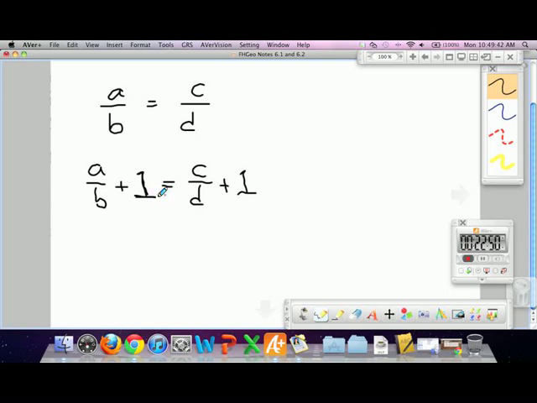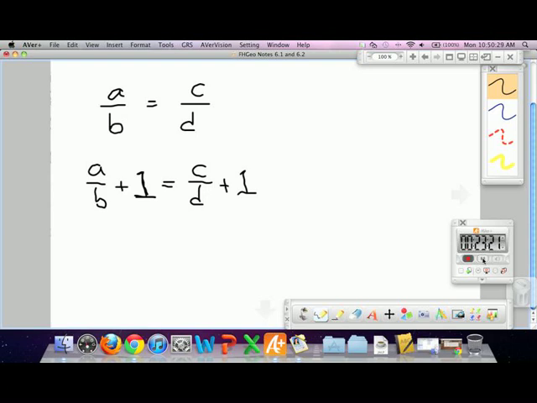So now you've got to dig deep into your knowledge of fractions. I'm going to combine each of these into one fraction. How do I add this fraction to this whole number 1? What do I need to have happen in order to add a fraction to something else?